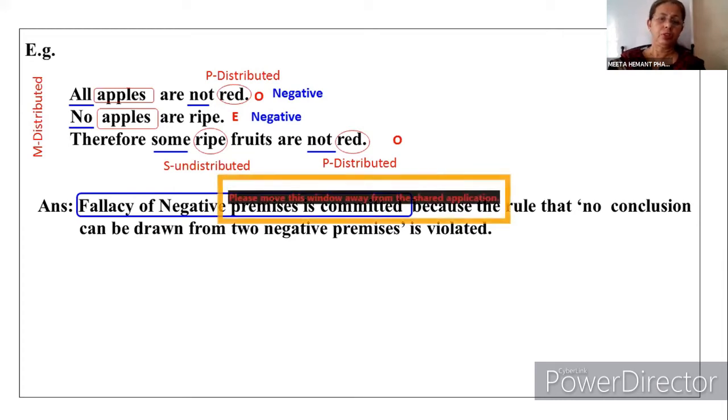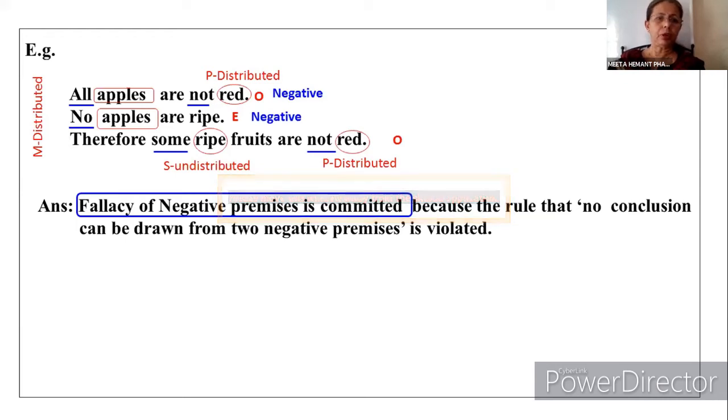It's distributed in the first premise, so it does not violate the rule. Now we'll have to check apples, which is the middle term. It is distributed in both the premises because it is the subject of A and E proposition, universal propositions. So there is no violation of other rules, only one fallacy is committed.